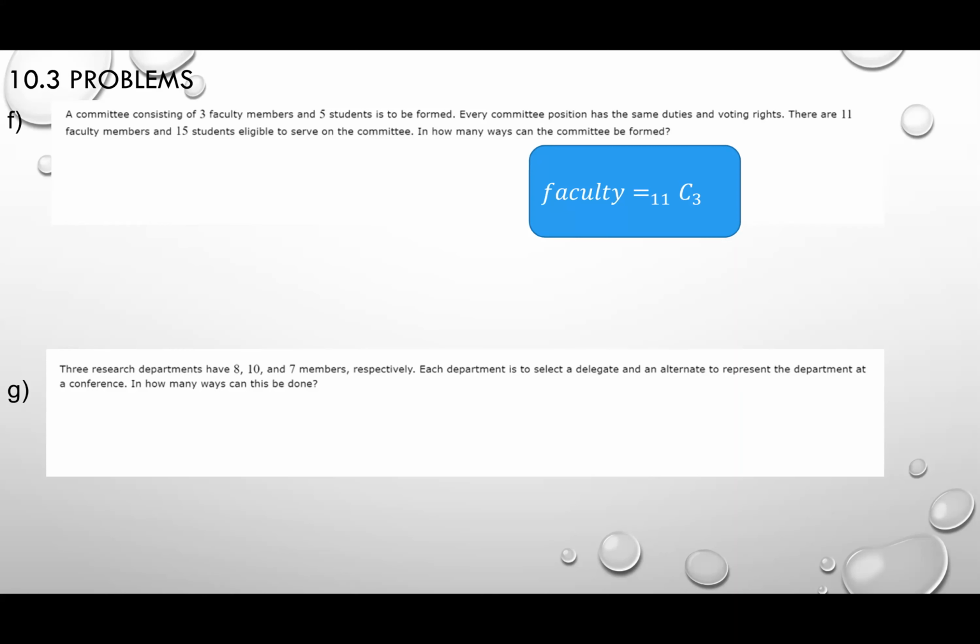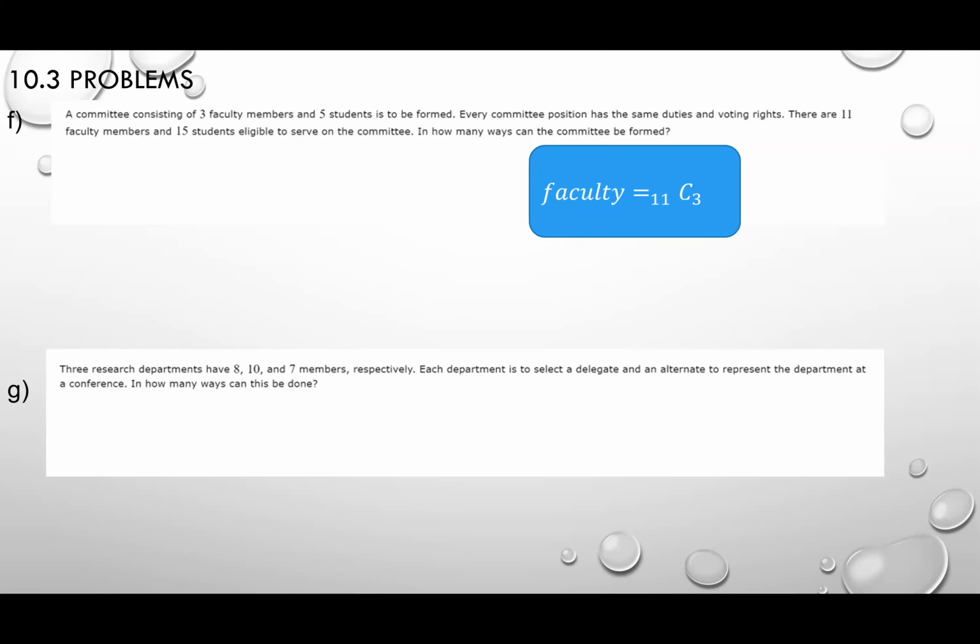You cannot add them together, and you cannot say we have 26 people and we are choosing 8. If you add the 11 and the 15 and the 3 and the 5, you are not guaranteed that you have 3 faculty members and 5 students.